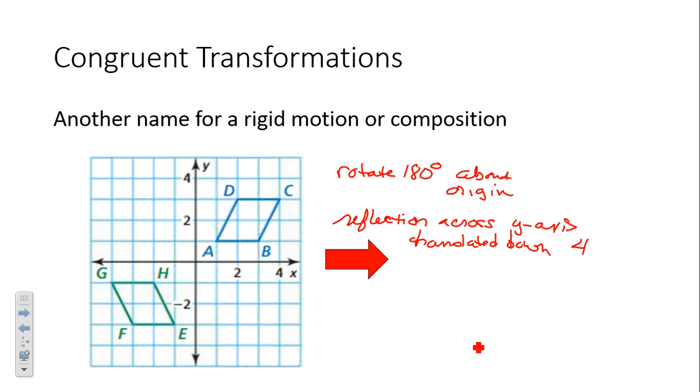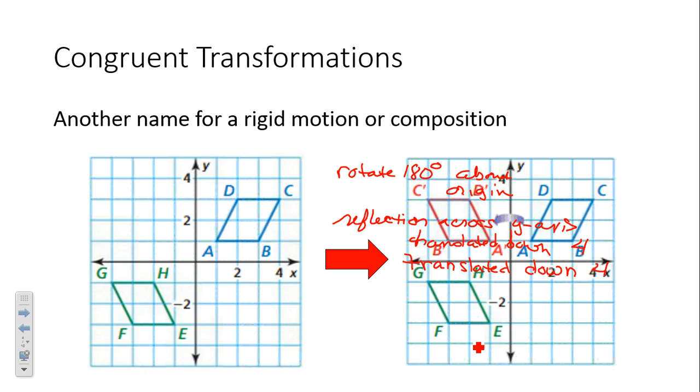Reflection across the y-axis, translated down 4, or rotate 180 degrees about the origin. Either one is right. You do not have to give me both answers. Okay? Alex, face forward, please. Okay? Everybody ready? All right, next slide.